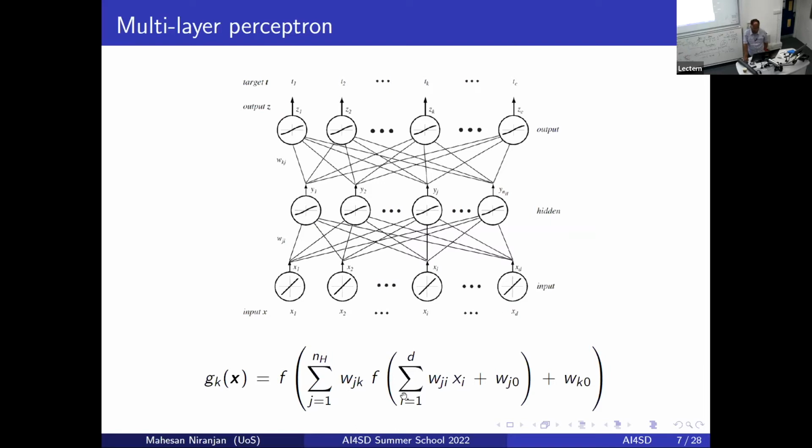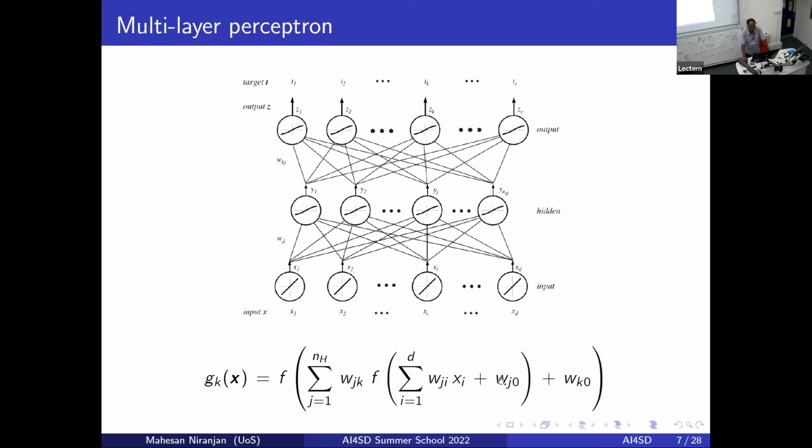If you write out what this output is going to look like, it is some nonlinear function of weighted sums of everything that came from the previous layer. And each one of them that came in the previous layer is a nonlinear transform of weighted sums of what it saw before. So work from inside.